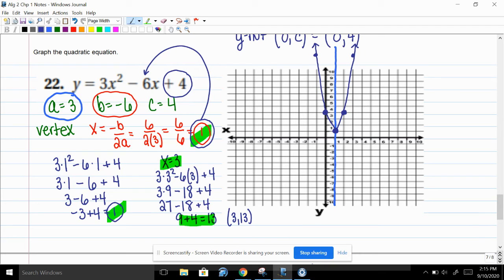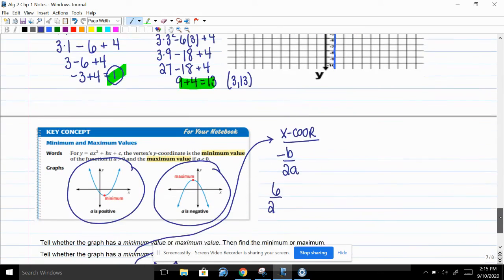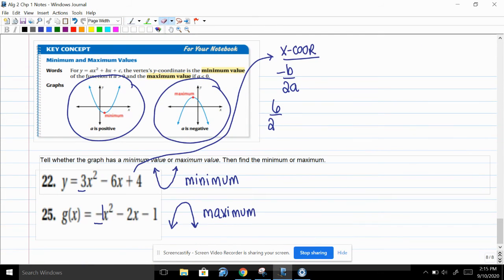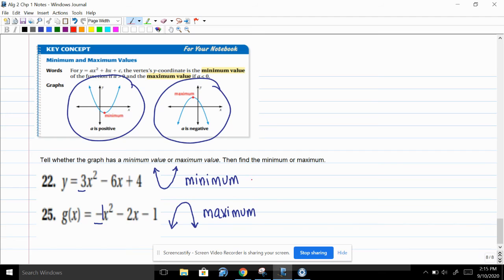I didn't realize I doubled up on a problem there. But the vertex of this graph, when we graphed it, was (1, 1). So that's going to be your minimum value. Your minimum value here is the vertex, which is (1, 1). I'm sorry, I thought I picked a new problem.